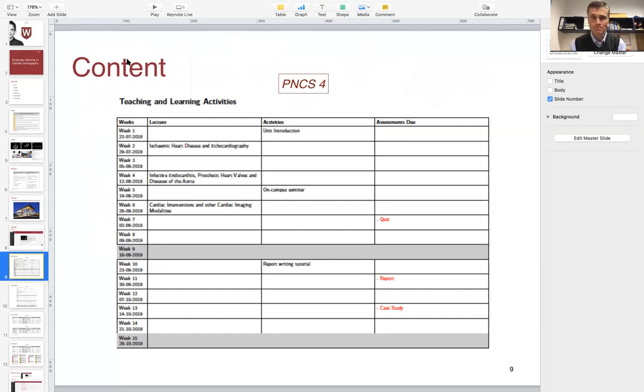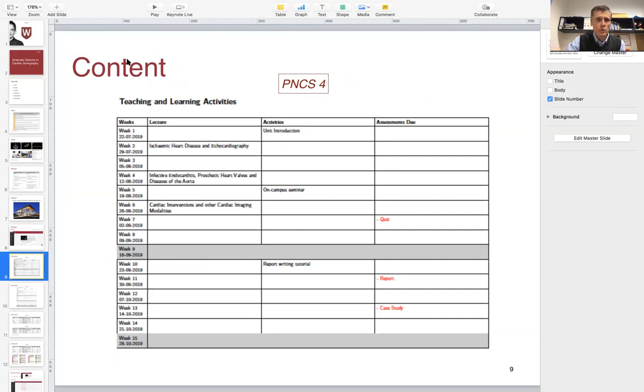So, principles of cardiac 4. This is not a very easy slide to look at, but if you go to the learning guide towards the back, there's a timetable which lists what to expect when for principles of cardiac sonography 4. As you'll see, the lectures occur early in the semester, on-campus seminar in week 5, quiz in week 7.